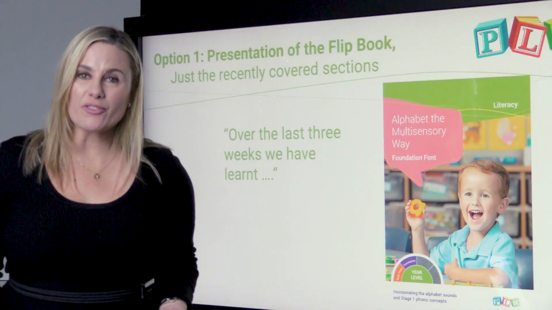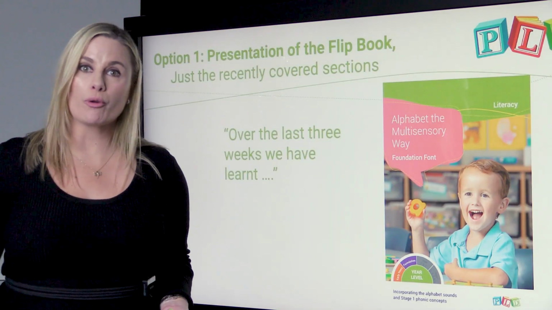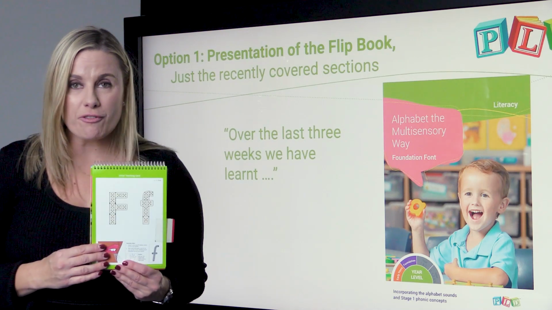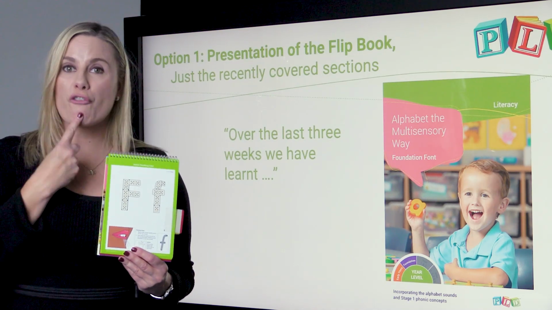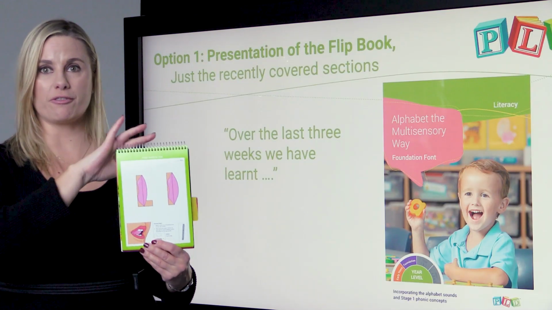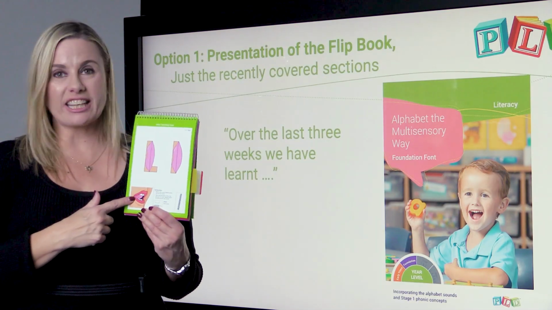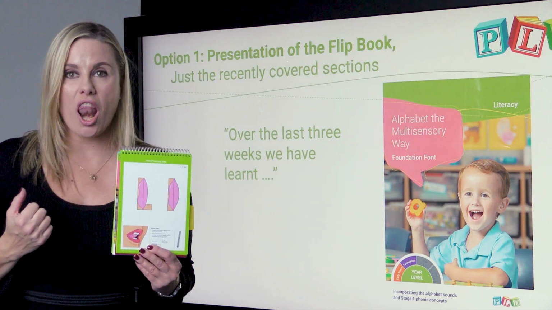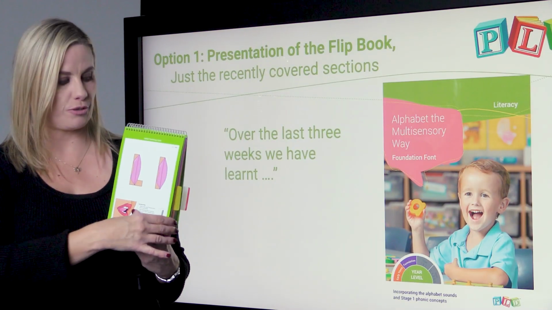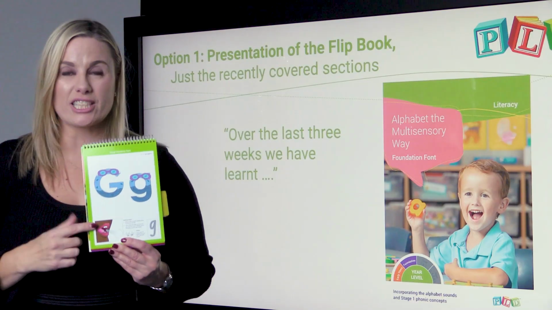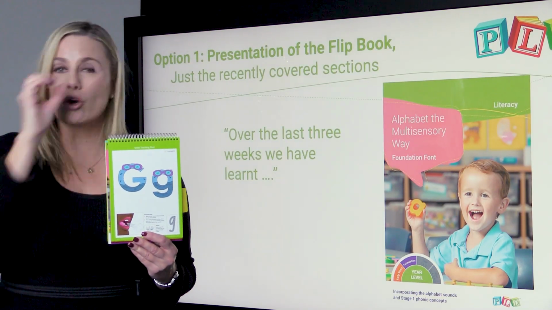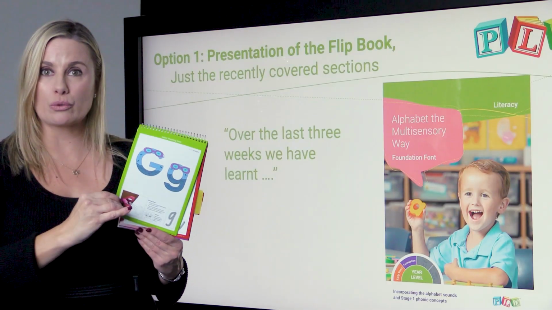Group 2, over the last 3 weeks, you have been revising your Group 3 alphabet sounds. We have learnt that the letter F says the sound f, as in five. We've also been learning that the letter L makes the sound l of lip. We've also been learning the letter G can make the sound g, as in goggles.